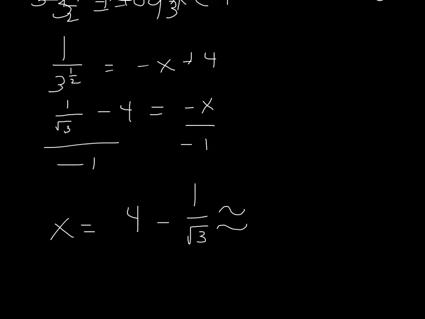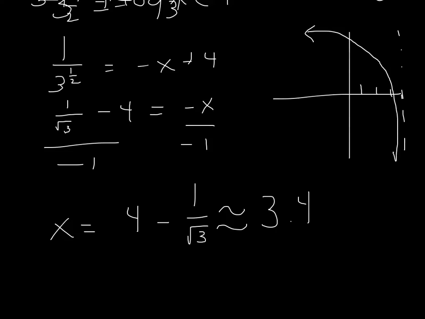And then plug that into your calculator just for a decimal check, and what you get is about 3.4. And that's right, because if you remember, the graph looked like this, and it came down, so that's probably about right. So we can see right here, that was about 3.4. So we're fine with that.